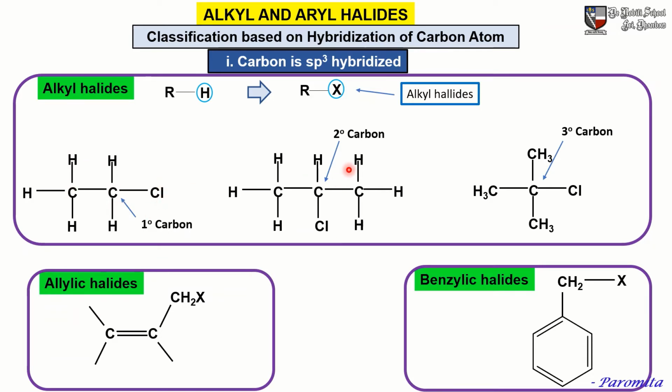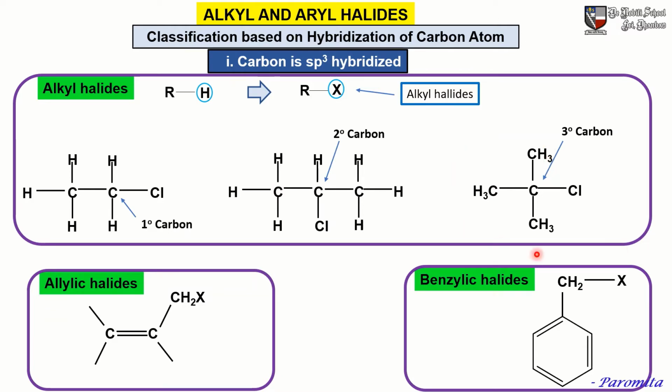Now, what is secondary carbon and secondary alkyl halide? If the carbon atom that bears the halogen is itself attached to two other carbon atoms, then this carbon atom is referred to as 2-degree carbon, and this compound is referred to as secondary alkyl halide.